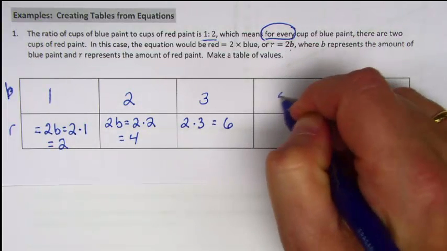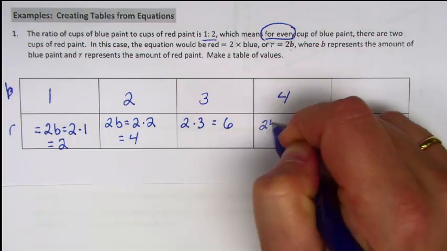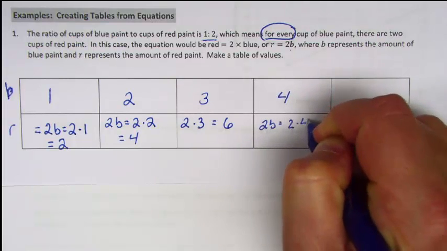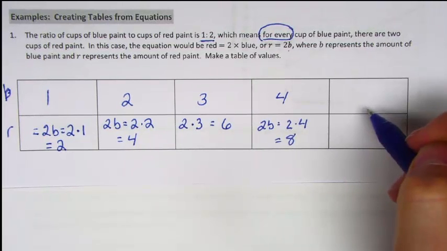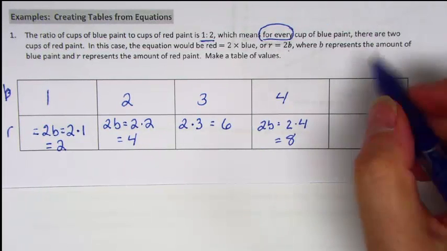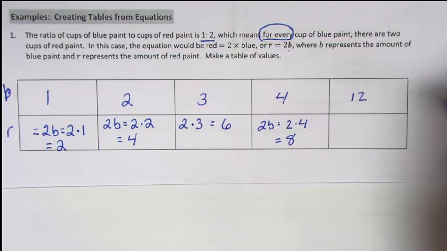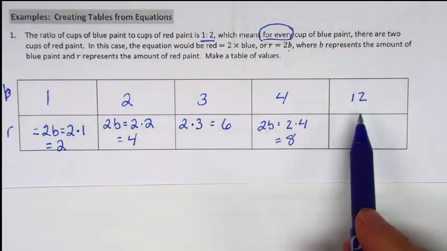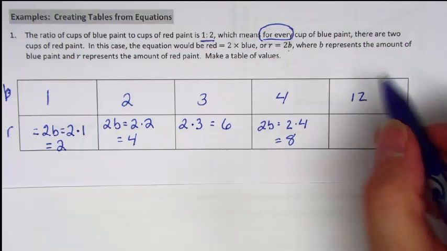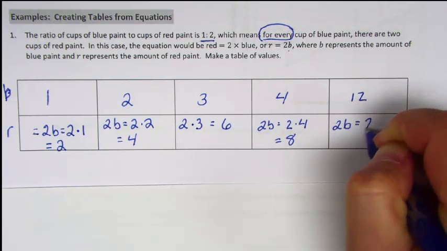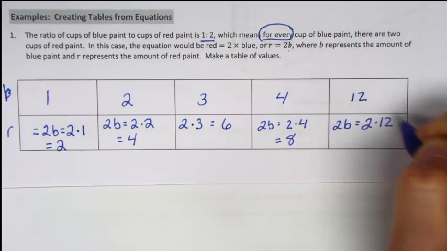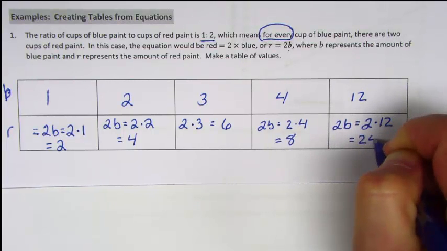And I continue in the same manner with each value of blue paint. And I can do this no matter what number I pick for blue. I could even pick a number like 12. I don't have to go in order, although that helps me see the pattern. I would still do 2 times B equals 2 times 12 in this case, which gives me 24.